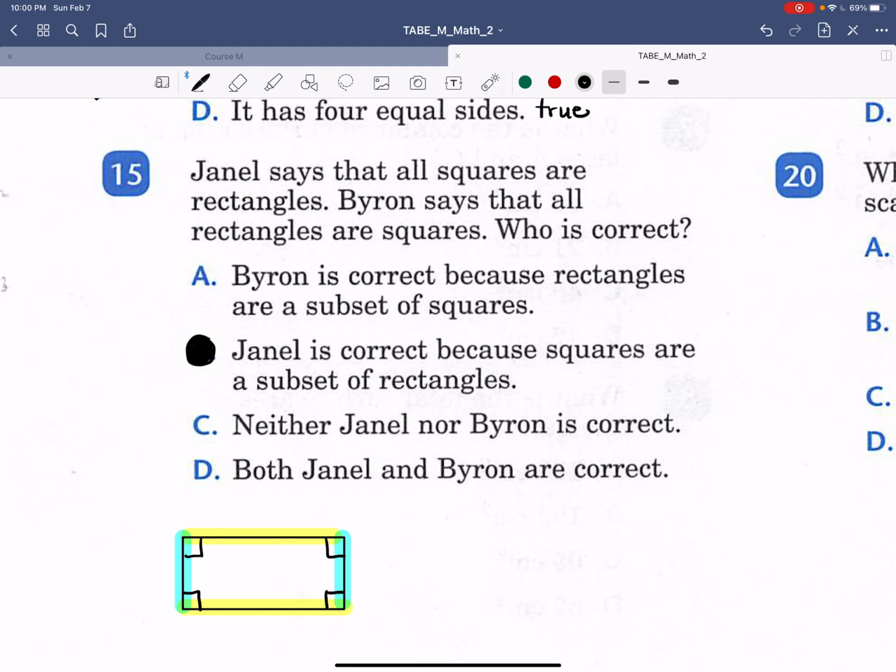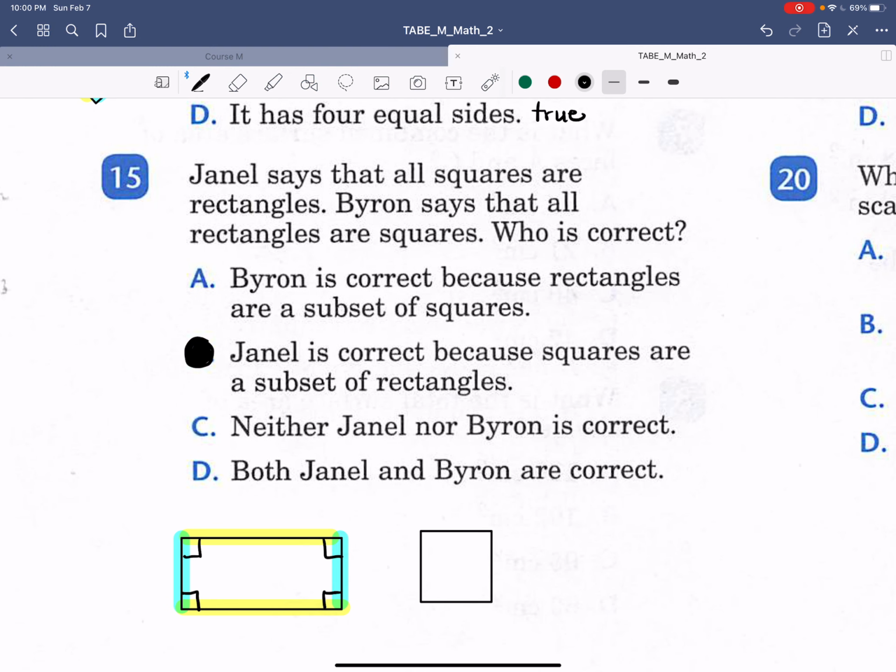The definition of a rectangle says nothing about the length of your sides. So let's apply that same definition to a square and see if we get a match here. Pretend that's a square. It is incredibly hard for me to judge length here. Now on this one, we have this set and we have this set.